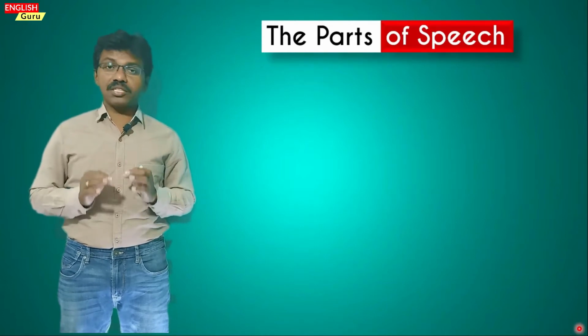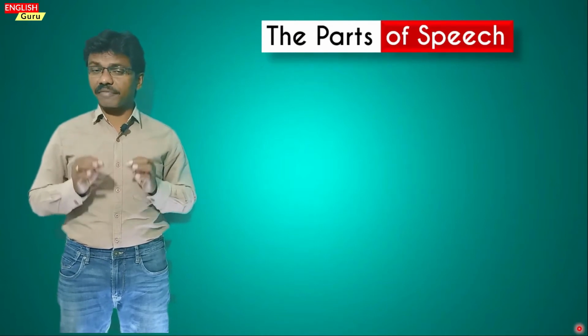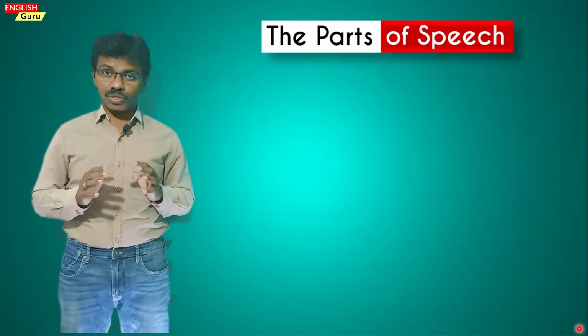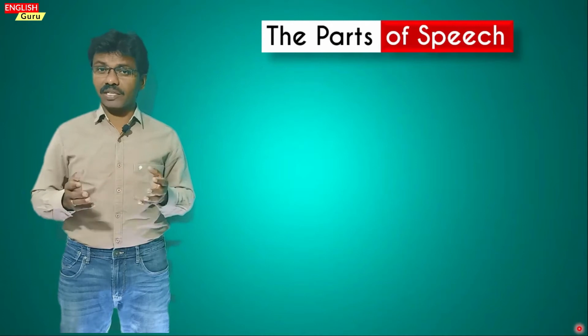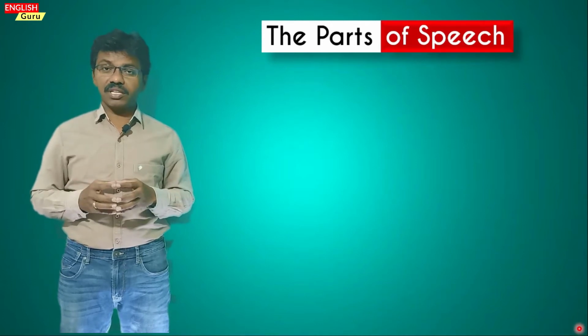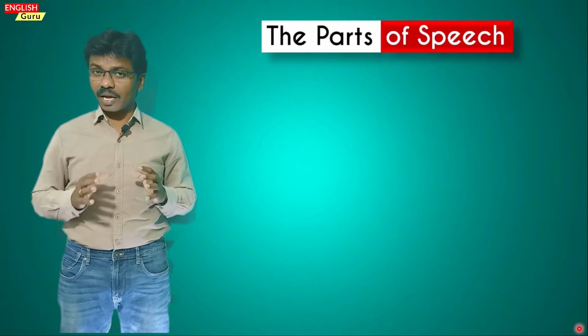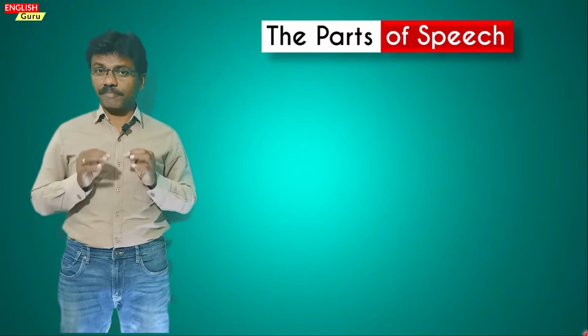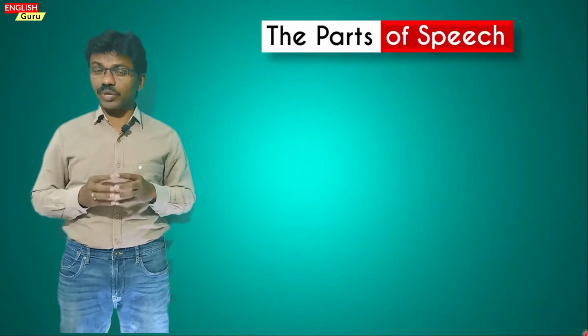So we cannot decide the part of speech of any word in isolation. We have to see the word usage in the context of a sentence. Then only we can say whether that particular word is a noun, verb or an adjective. So usage of a particular word in a sentence is very important.